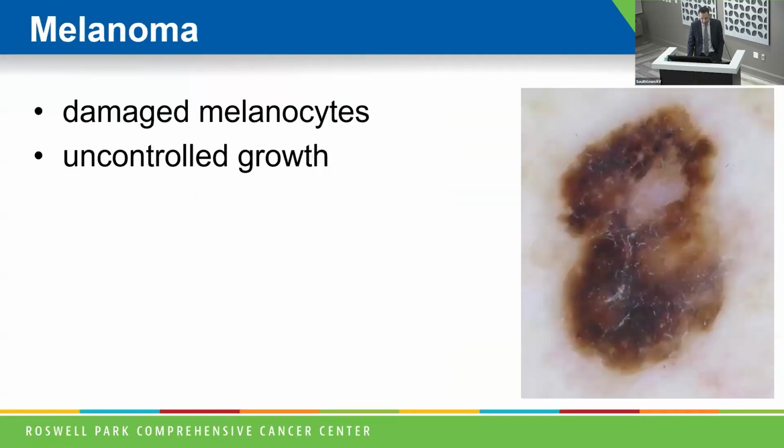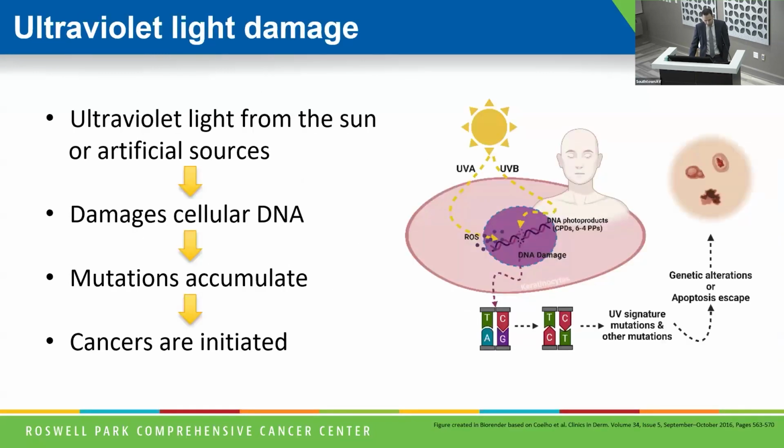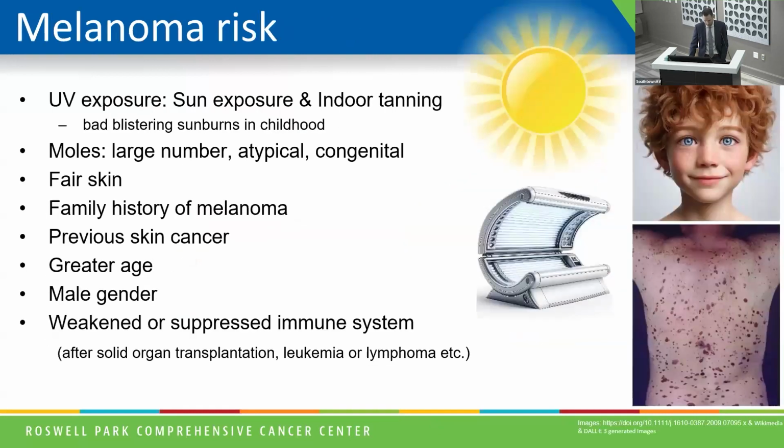But in that process, they can also themselves be damaged, and then because of accumulating damage can undergo uncontrolled growth, resulting in the formation of melanoma. As the damage is crucial, we very well understand that melanoma is majorly triggered by prior ultraviolet light damage and accumulating mutations in pigment cells, similar to other skin cancers, but obviously other skin cancers are triggered by accumulating mutations in other cell types within our skin.